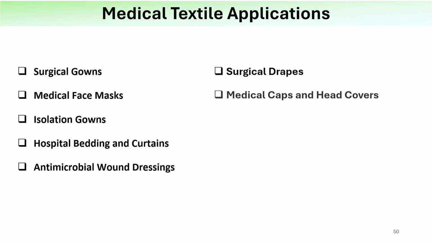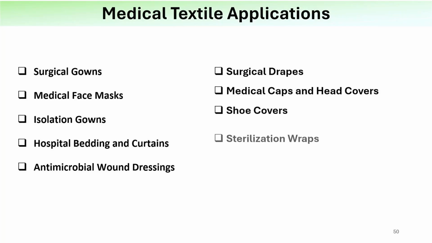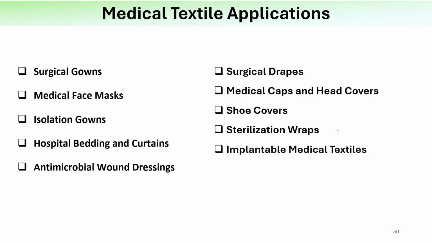Medical textile applications are wide. Surgical gowns, medical face masks, isolation gowns, hospital bedding, antimicrobial wound dressing, surgical drape, medical cap, head covers, shoe covers, sterilizing wraps, impermeable medical textiles.